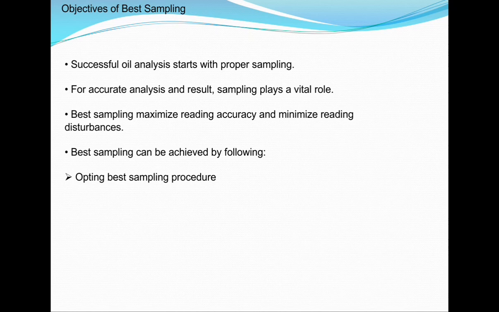Basically in industries, you might have seen, to take the sample we have to see the sampling points. The sampling point may be the discharge of the pump, the suction of the filter, the discharge of the filter, or some vents or drains. So the best location can give you the best sampling.